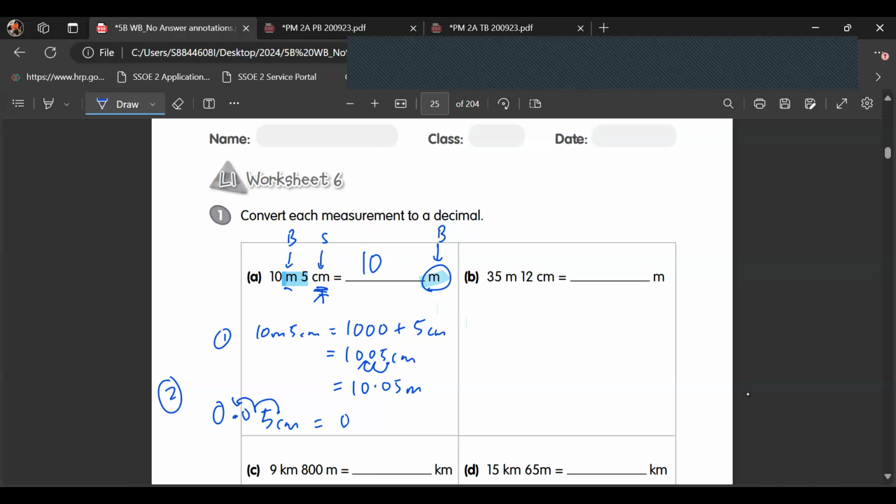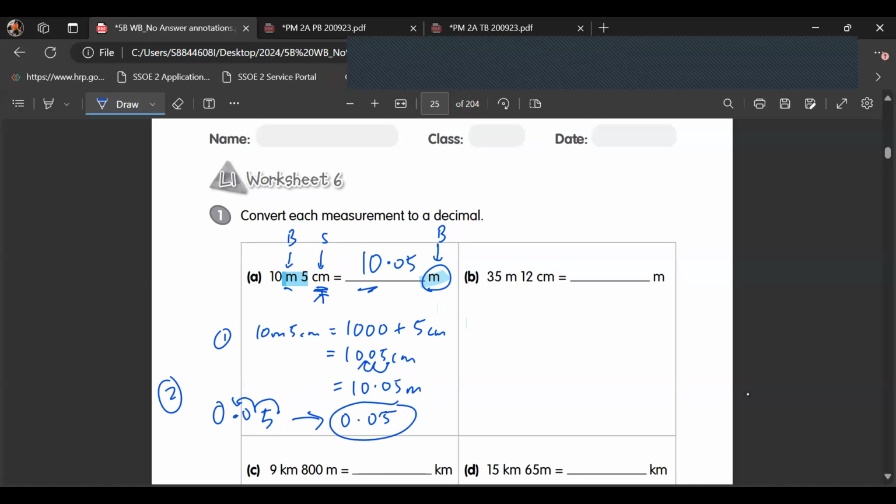So 0.05 meter. Okay, sorry, this part shouldn't have the units. So after that, I'll just add this to 10. So I prefer the second one, the shortcut method. But these are the two methods that are available for you to choose.